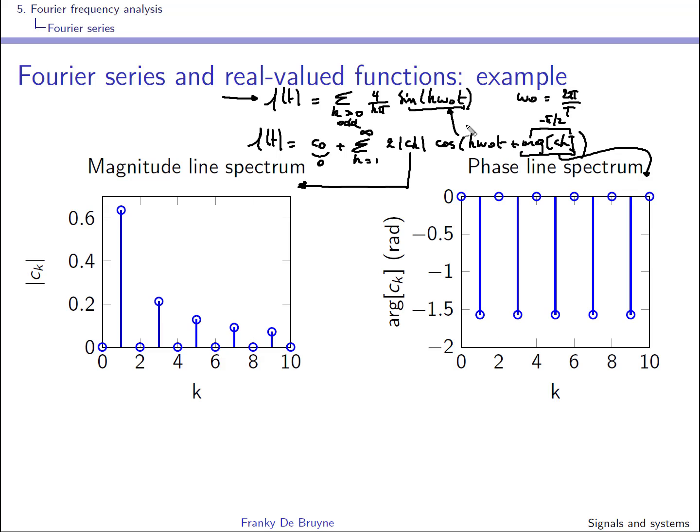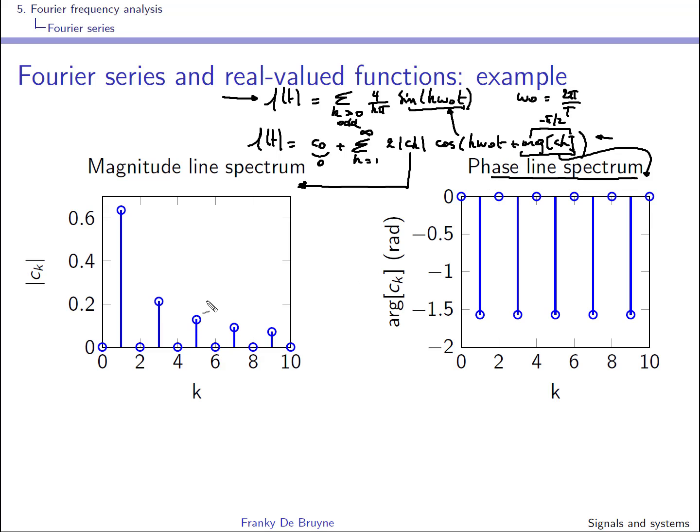So the meaning is, if you look at the phase line spectrum, is it a sine or a cosine? If you have a phase shift of minus pi over 2, even though you write it as a sum of cosines, you know that in reality it's a sum of sines. So this is the interpretation of the phase line spectrum.